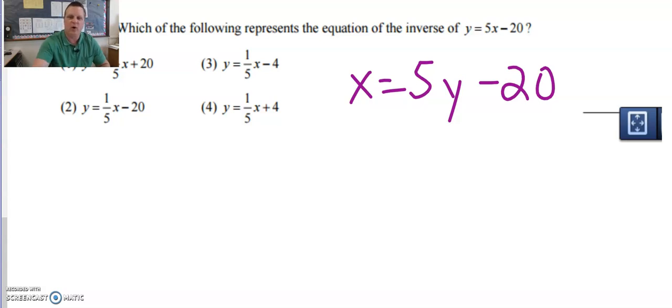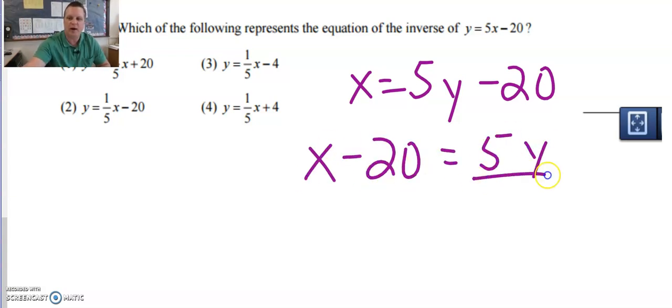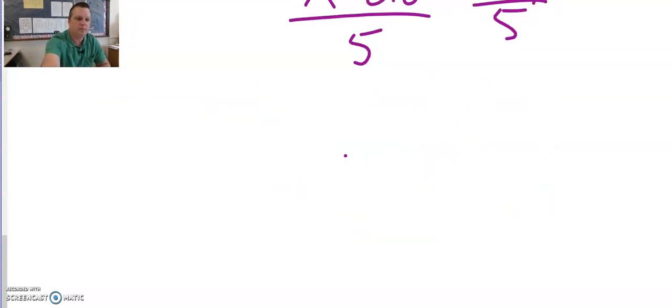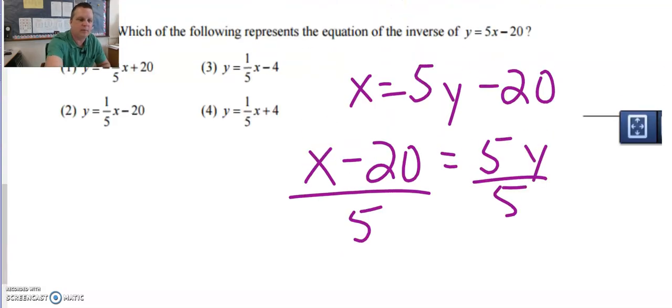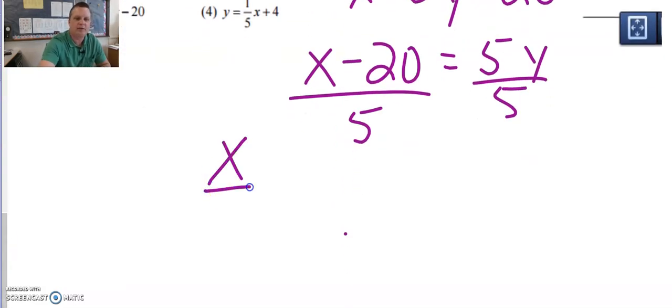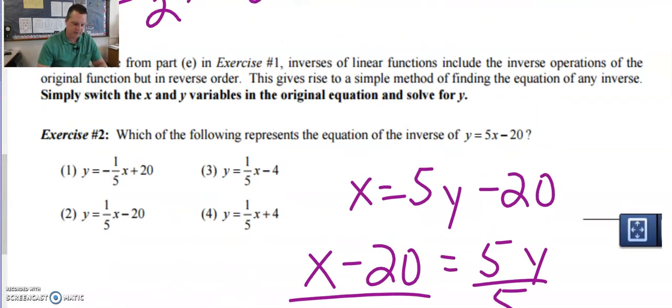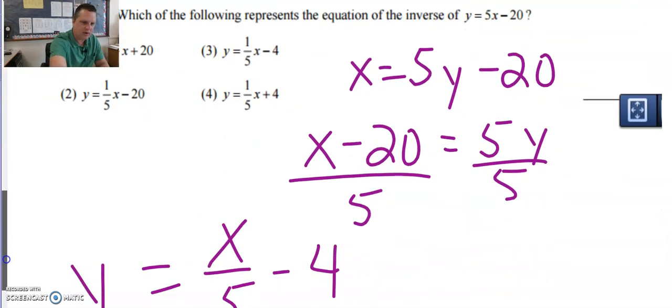Now solve for y. So I have x plus 20 equals 5y. Divide everything by 5, and I have x over 5 plus 4 equals y. Now, if you look at the choices, are any of them exactly the same? No, they're not exactly the same, right?